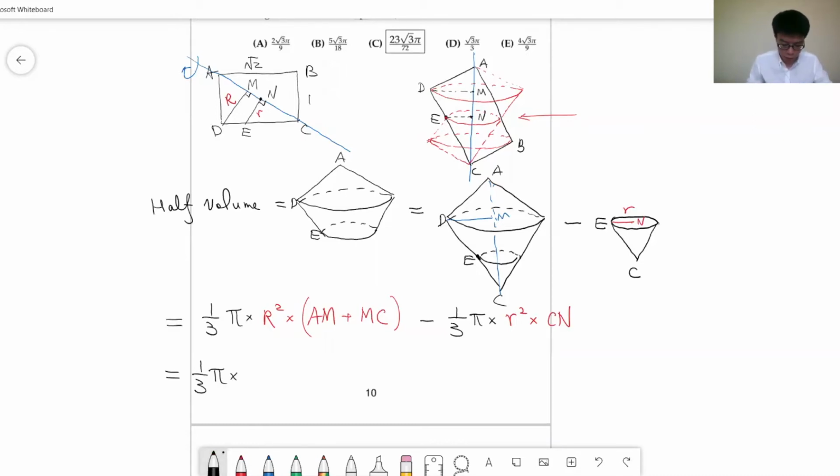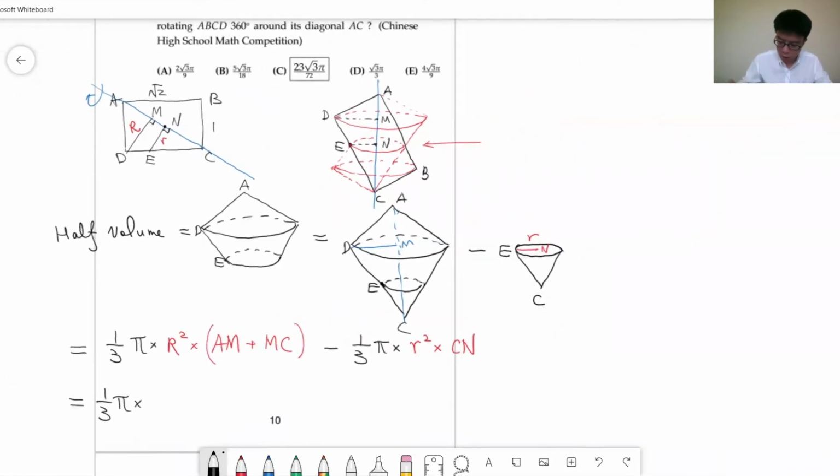We can calculate R by using the triangle ADC. AD times DC equals AC times DM. DM is R, so R is AD times DC divided by AC.